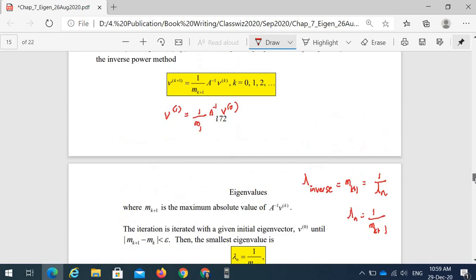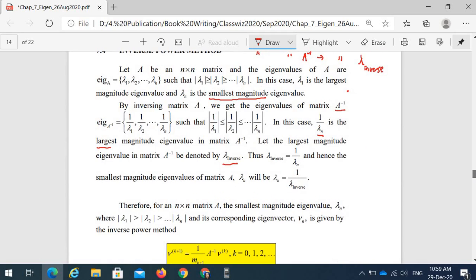Okay, so I repeat one more time. The idea is you have a matrix A with n eigenvalues, where lambda 1 is the largest magnitude and lambda n is the smallest magnitude.